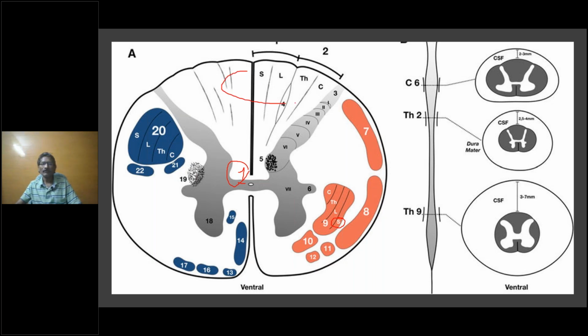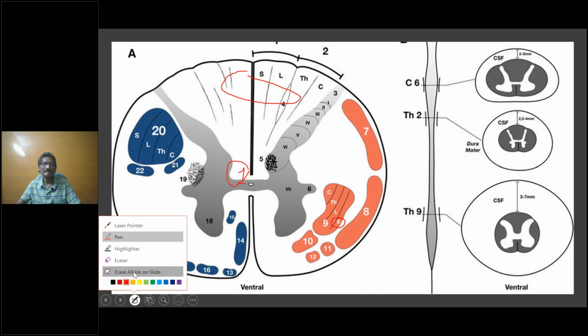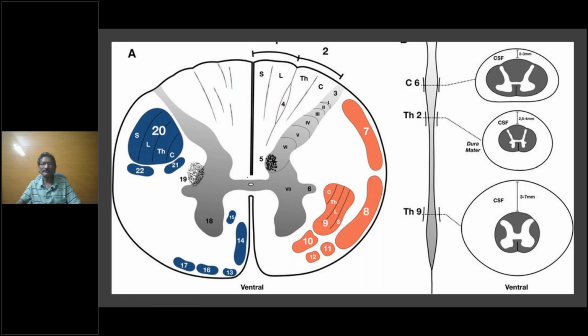Okay. Now let me just look at a central lesion. I'll explain the central lesion. So you have a lesion which is expanding from the center part of the spinal cord. So it will affect the crossing over fibers, because you know that fibers after entering here will come and cross over.